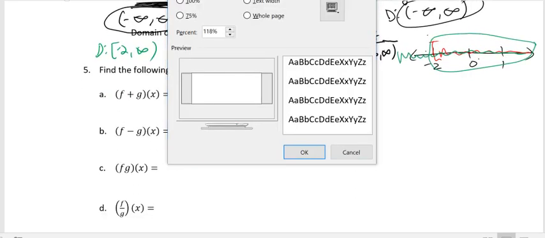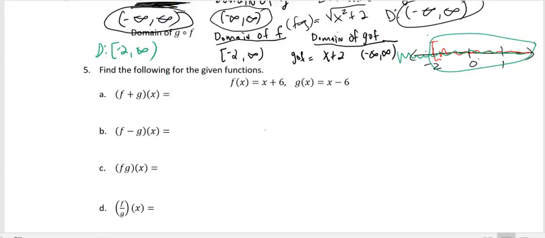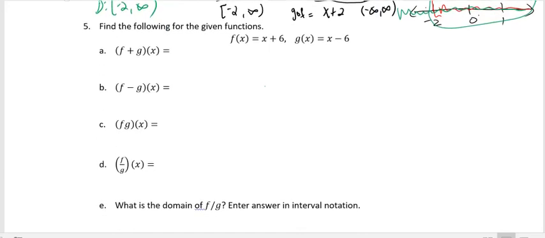Okay, then we go on to the ones where we have to add and subtract, multiply, divide. Whenever you see something like this, the first thing I encourage you to do is to separate it the way it's defined. So (f plus g)(x) is just equal to f of x plus g of x. And then we substitute our values.